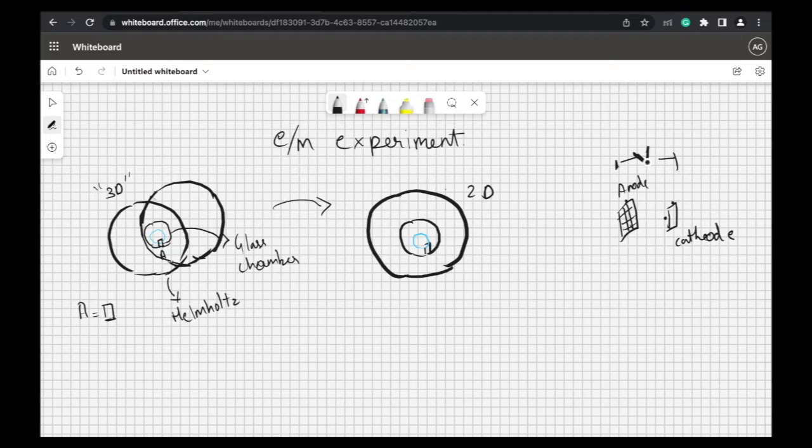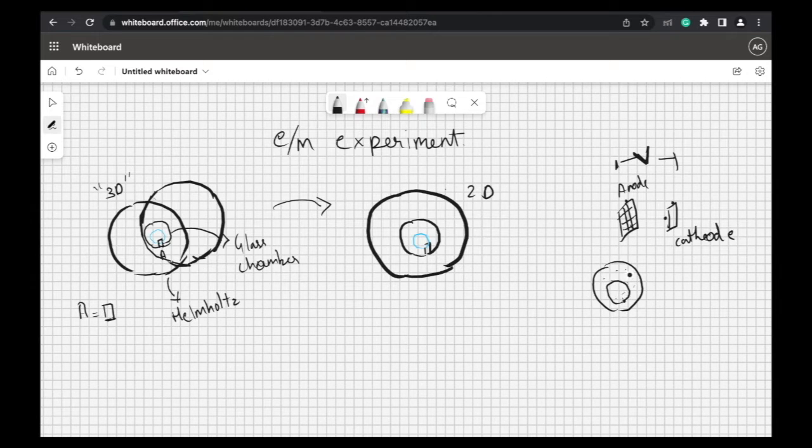Since there is a potential difference V, the electrons will travel towards the anode and eventually enter this glass chamber. This glass chamber is filled with some gas. When a beam of electrons enters this glass chamber, they travel in a circle.